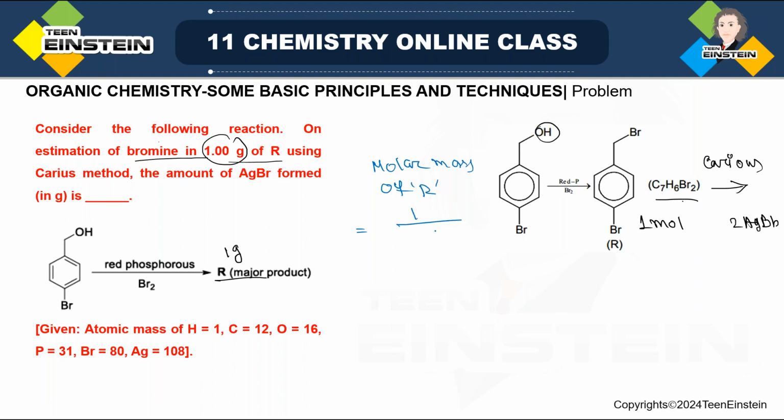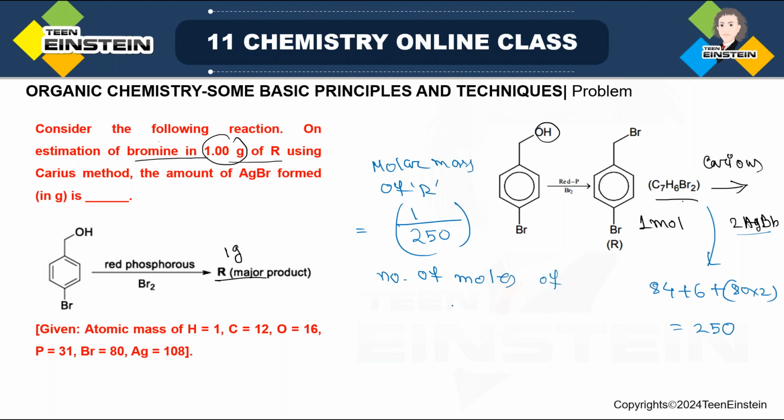Given mass is 1 gram and molar mass is C7H6Br2. So 7 into 12, it is 84, plus 6 for hydrogen, and for bromine 80 into 2. So you will get the value 250. So 250, it is the molar mass of this compound. Okay. So if it is molar mass of R, the number of moles of AgBr, double, two into 1 by 250.